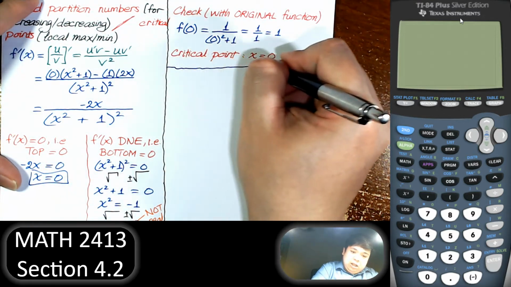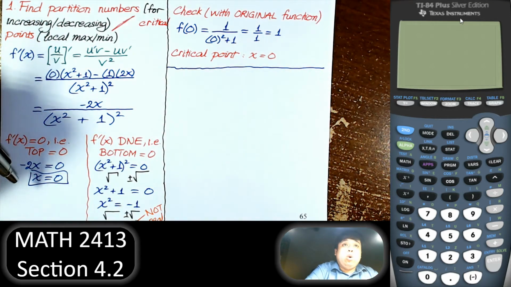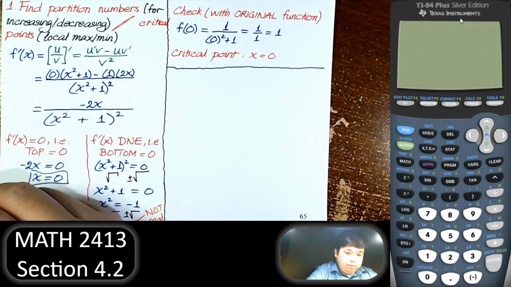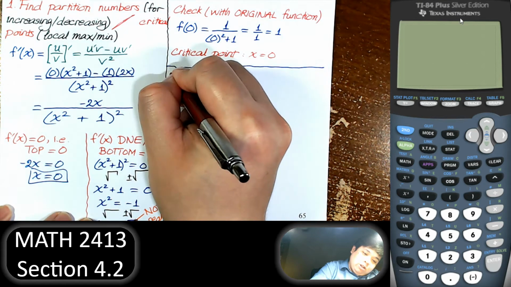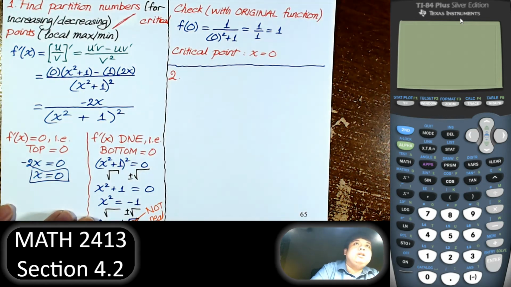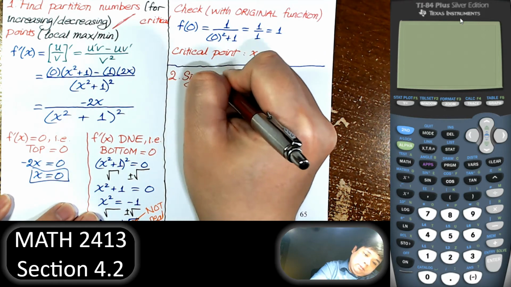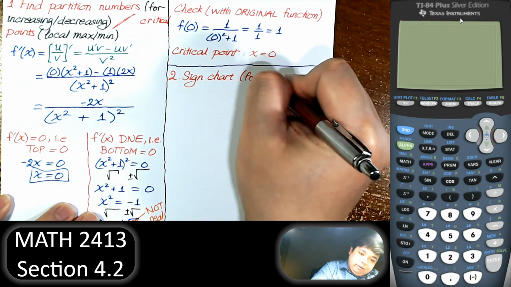And it asks you what is the partition number, also x equals 0. Right. Next, we'll go to the sign chart for the derivative.